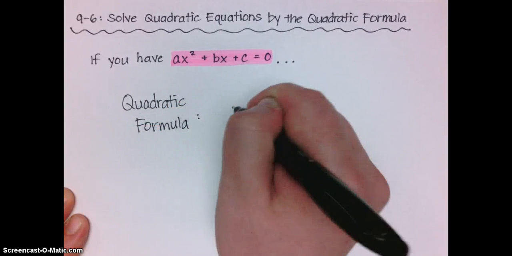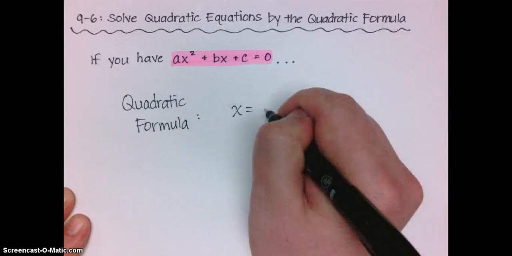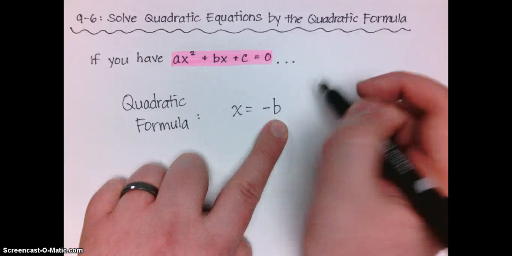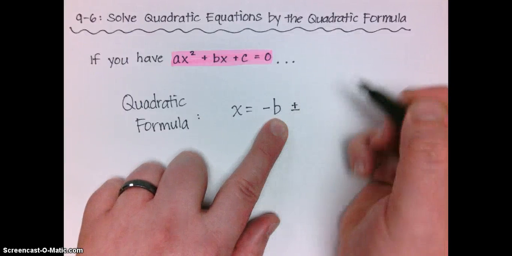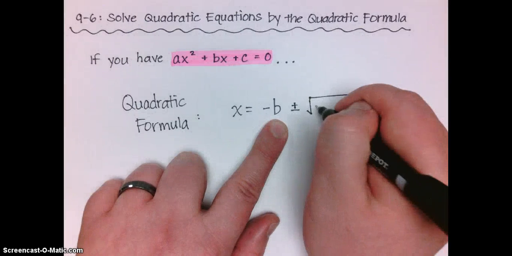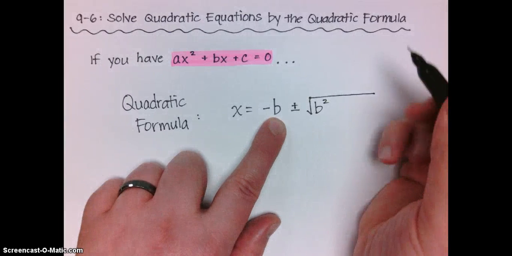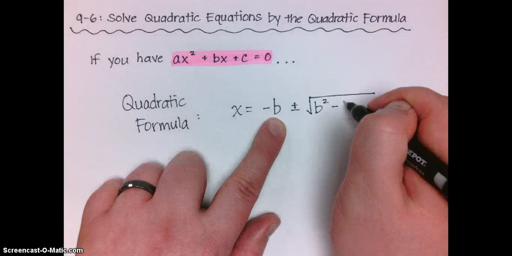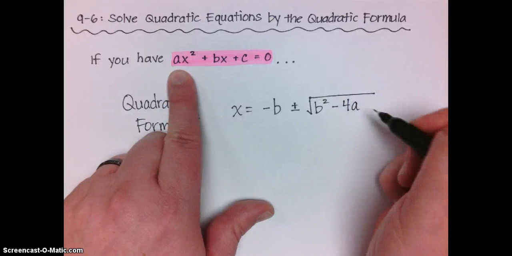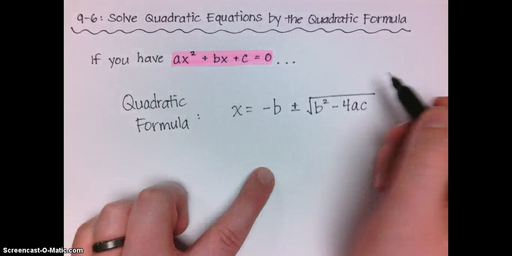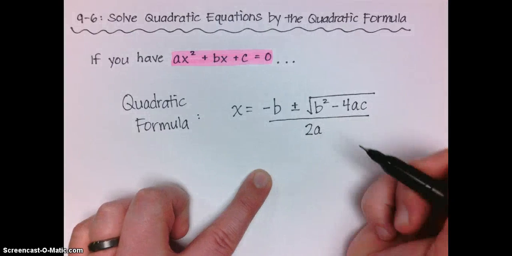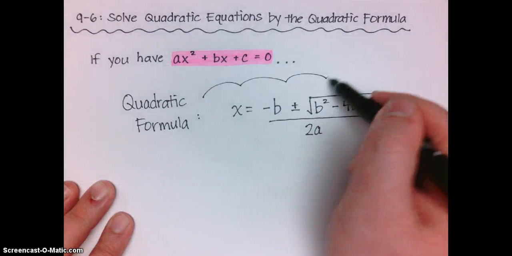And it says x is equal to negative b, so you take the b, you make it negative, plus or minus the square root of b squared, minus the number 4 times your a times the c, dividing it all by 2 times a. This is known as the quadratic formula.